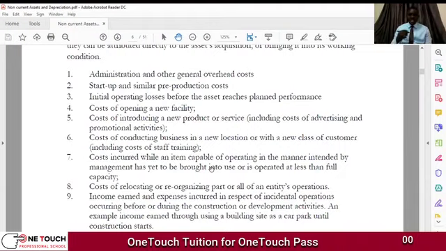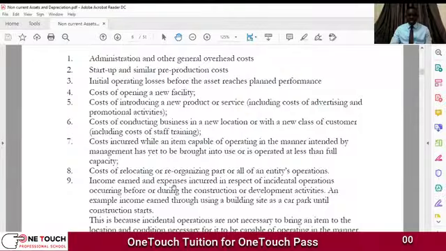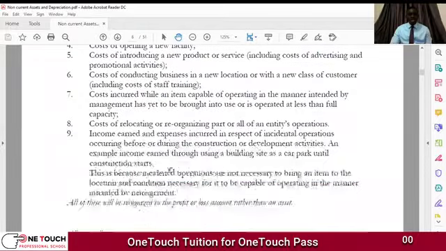Cost incurred while an item capable of operating in the manner intended by management has yet to be brought into use or is operated at less than full capacity. And cost of relocating or reorganizing part or all of the entity's operations. Then income earned and expenses incurred in respect of incidental operations occurring before or during the construction or development activities.